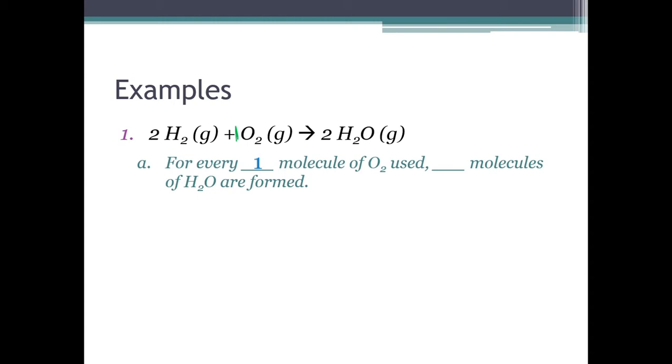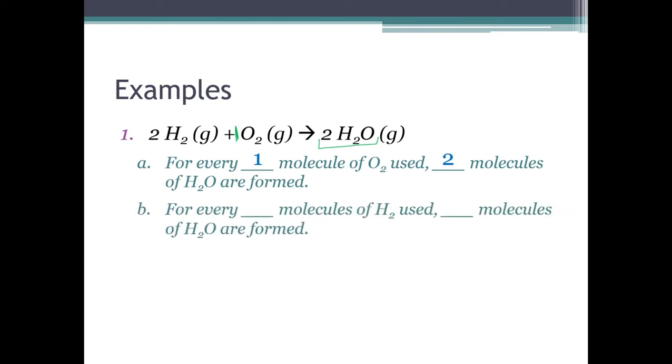So for every 1 molecule of O2 that is used, we are going to produce 2 molecules of water. Or for every 2 molecules of H2 that are used, 2 molecules of water are formed.